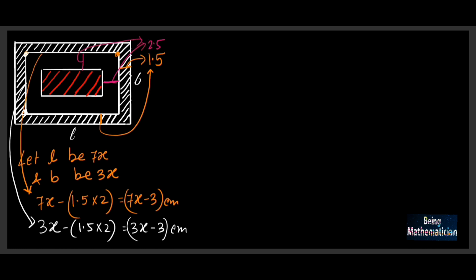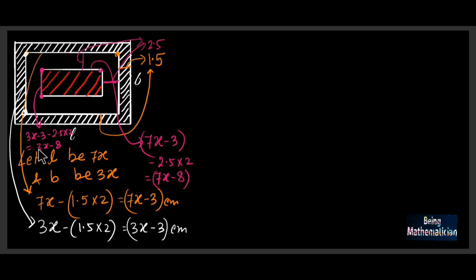So we can easily find this length, which must be equal to 7x minus 3 minus 2.5 into 2, and it is 7x minus 8. And in the same way we can find this breadth, and it must be equal to 3x minus 3 minus 2.5 into 2, so 3x minus 8.